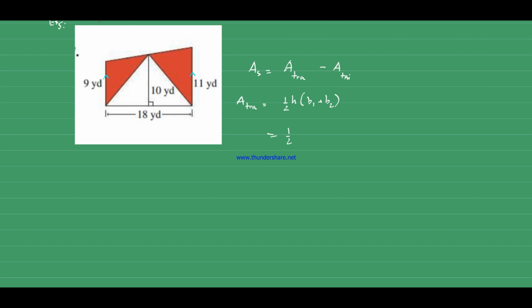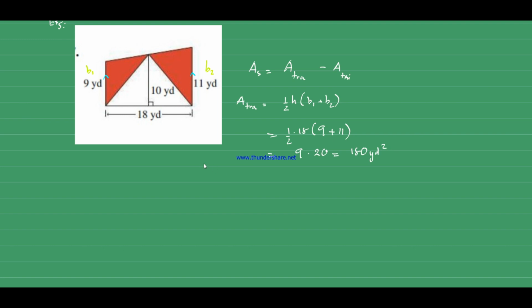So B1 is right here, and this is B2 right here. So the height is this one, so it will be 18. So it will be 1/2 times 18 times 9 plus 11. 9 plus 11 is 20. So it will be 180 yards squared.